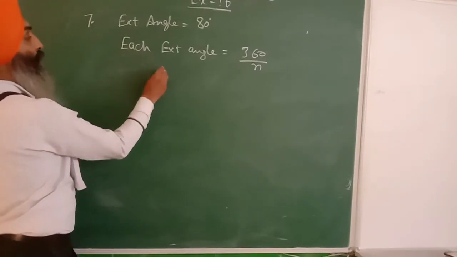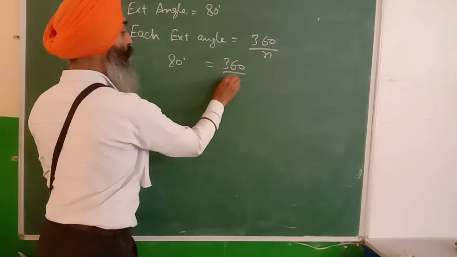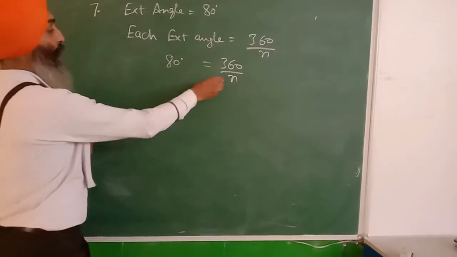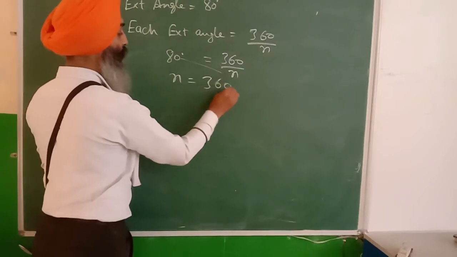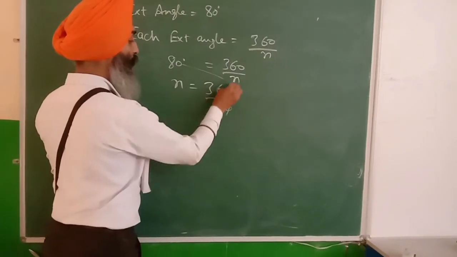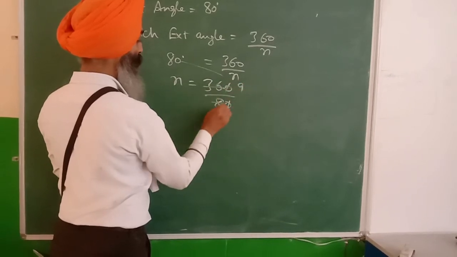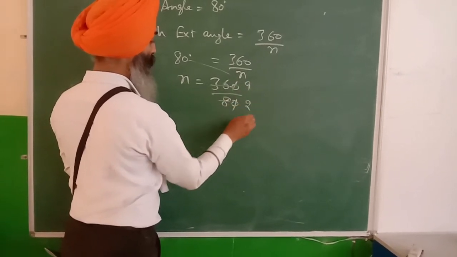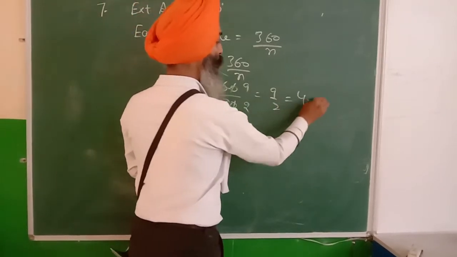This is given as 80 degrees, so put it in. Now find the value of n by cross multiplying. n will be equal to 360 divided by 80. Now do the cutting. Sorry, the answer is 9/2, or 4.5.